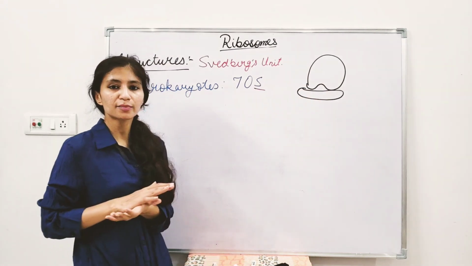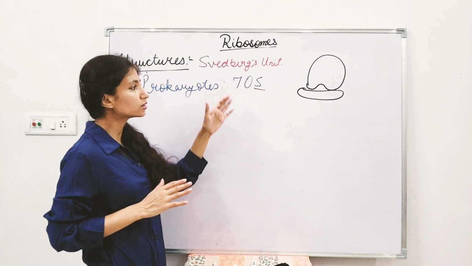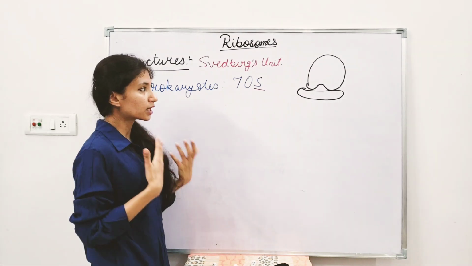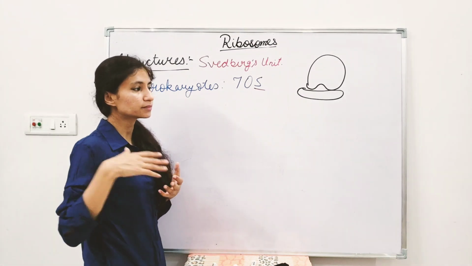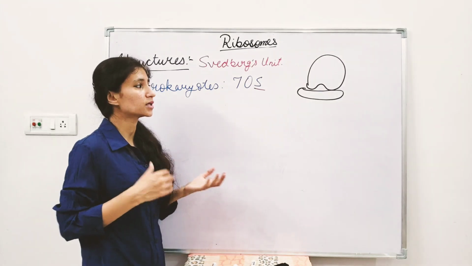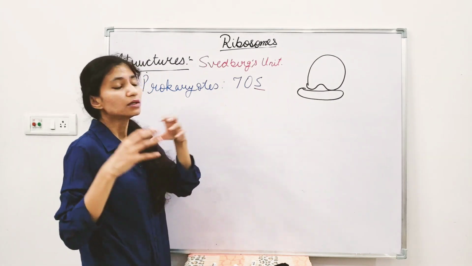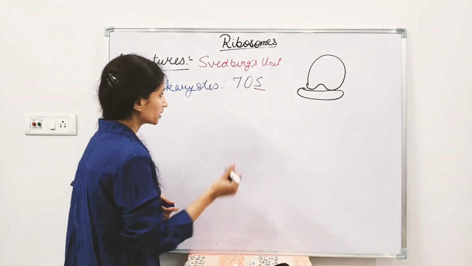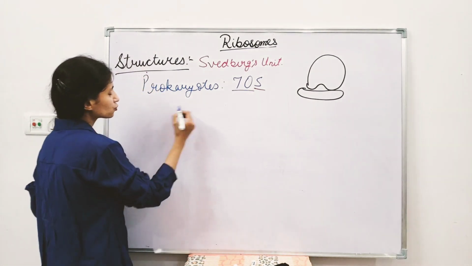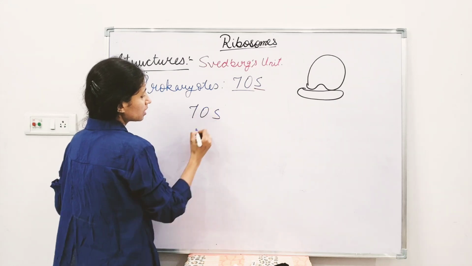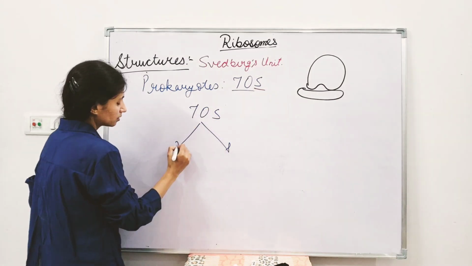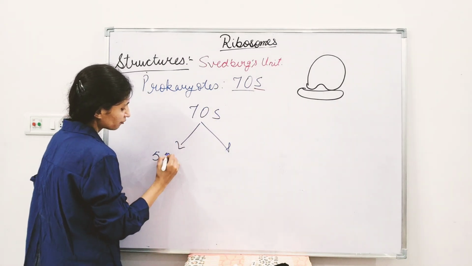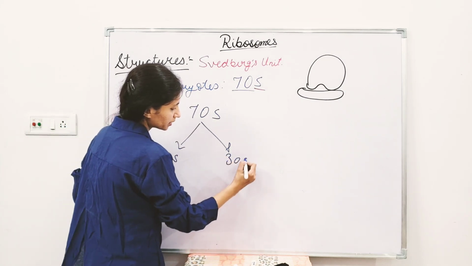Okay, so whether it's a prokaryote or a eukaryote, both organisms have ribosomes with two subunits, which is common between them. When we talk about the 70S ribosome, I divide it into two parts, your 50S and 30S.